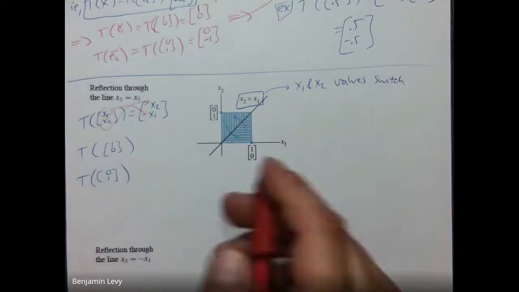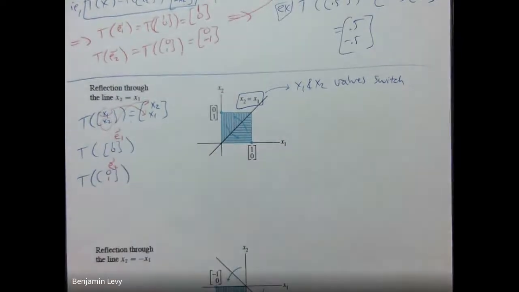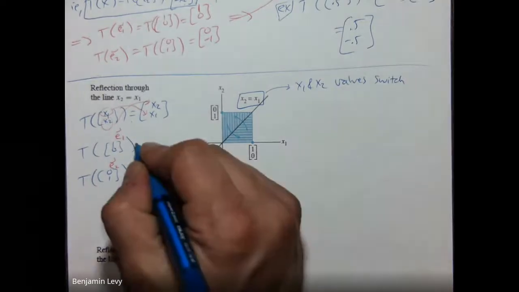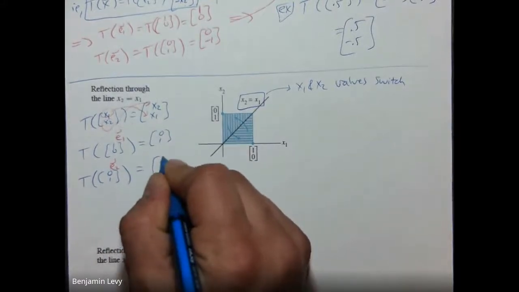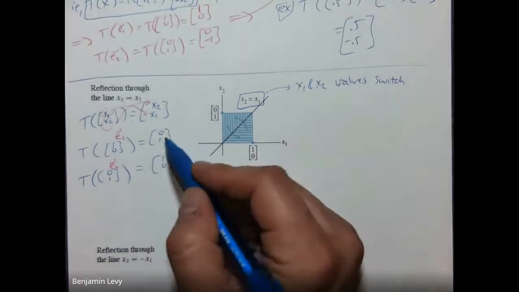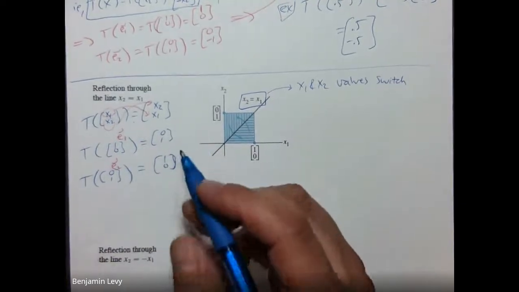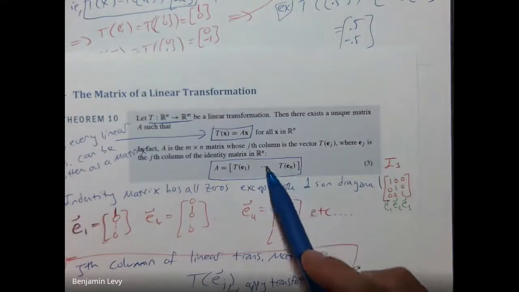We're trying to see what happens to the two columns of the identity matrix. We just flip the values, is what this is telling us to do. So (1, 0) becomes (0, 1), and (0, 1) becomes (1, 0). And so these are the two columns of the matrix. Again, what I'm doing here is applying the transformation to e1 and e2, and using the fact that those are the columns of the matrix A.